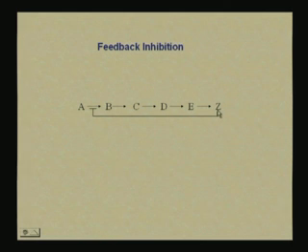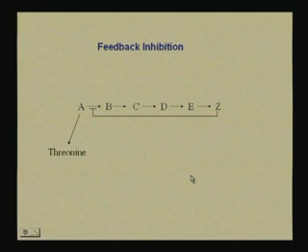Z is being formed by A. So if we have the A here, forming B, then forming C, D and so on, then Z inhibiting this first step means that unnecessarily B, C, D, E are not going to be formed. It does not make sense for them to be formed.